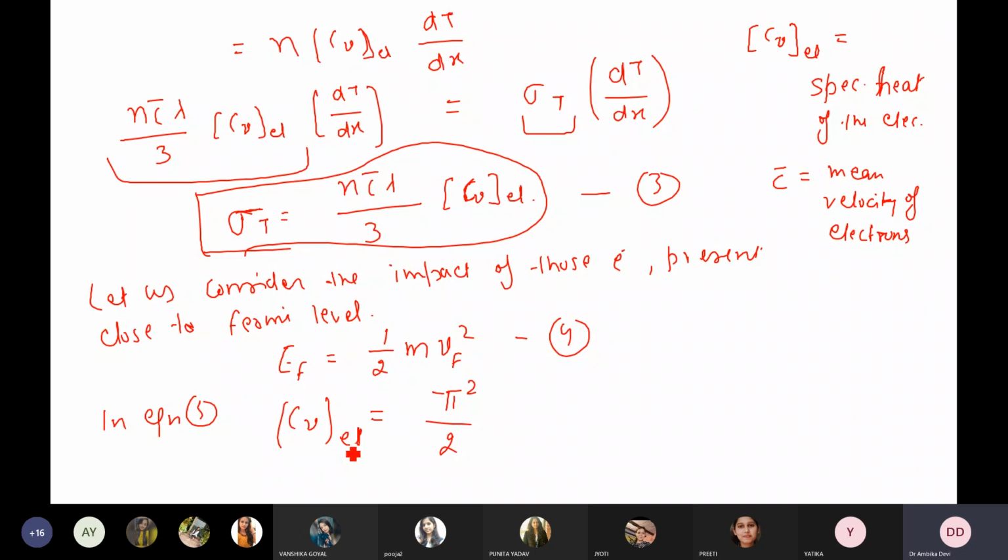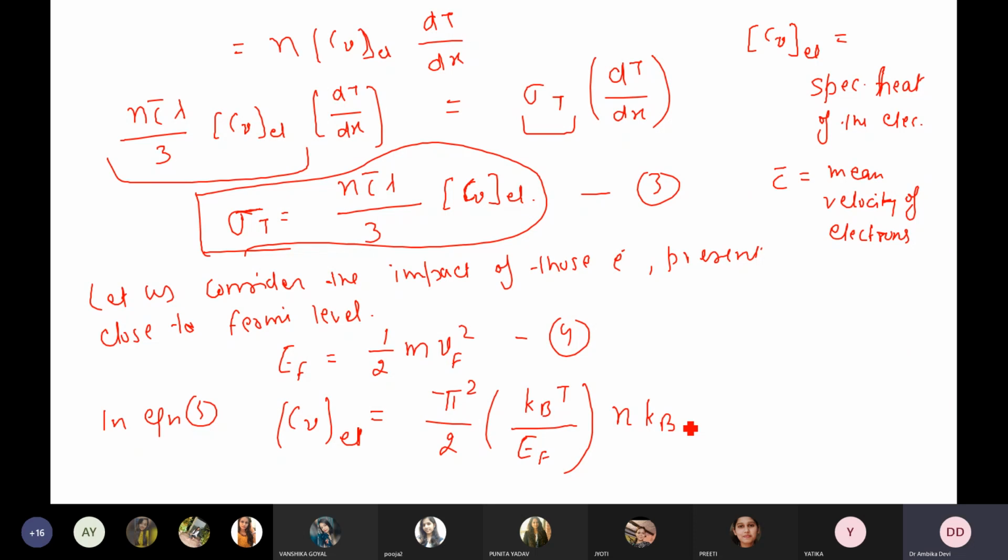The specific heat of the electrons at the Fermi level is given by pi square by 2 kBT divided by EF times N kB. EF is the Fermi energy, kB is the Boltzmann constant, T is the temperature, N is the number of electrons.